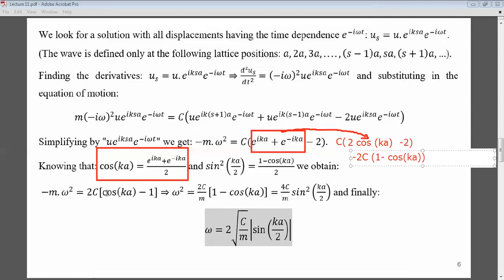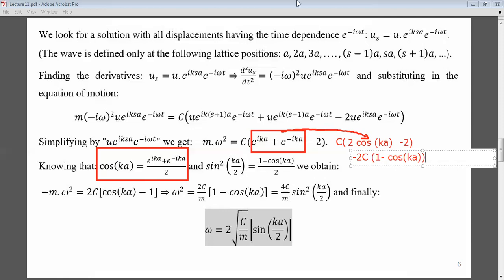The minus, we brought it to the other side. So now I have 1 minus cosine ka. Okay, and now I use the identity that 1 minus cosine ka is equal to 2 times sine square ka over 2. Okay, so 2C over m became 4C over m sine square ka over 2.